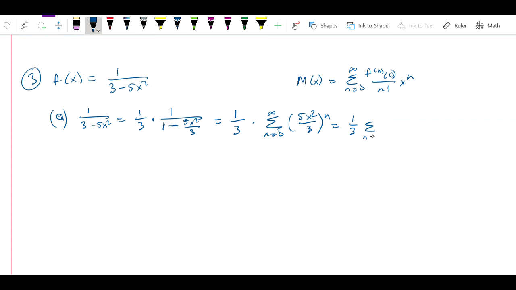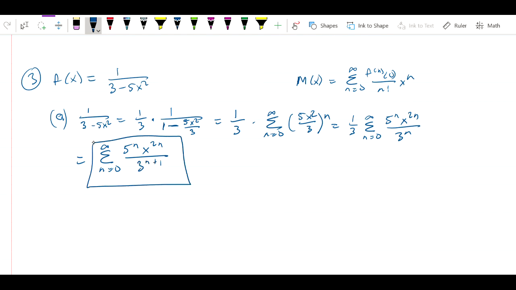Simplifying a bit more, that gives us 5 to the n x to the 2n over 3 to the n, and finally I want to bring this 3 in the denominator back into the series, so that becomes the sum from n equals 0 to infinity of 5 to the n x to the 2n over 3 to the n plus 1. So that's the Maclaurin series for this function.